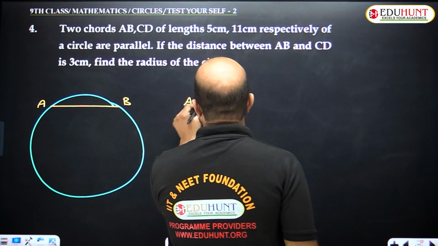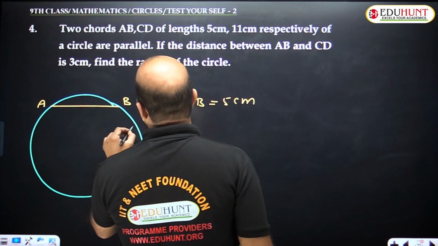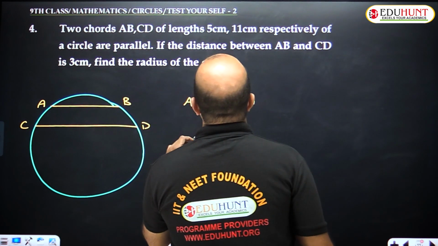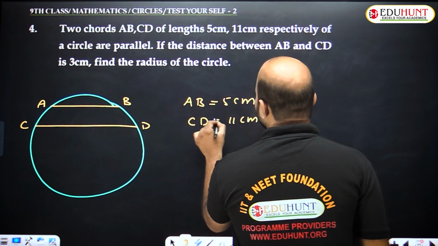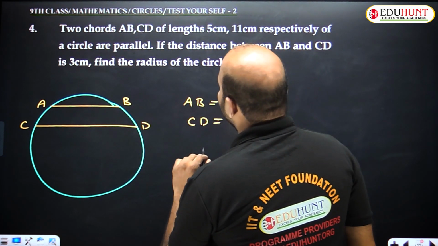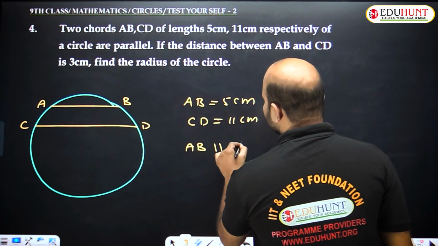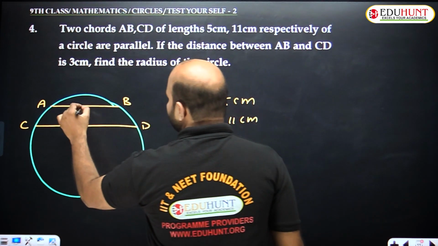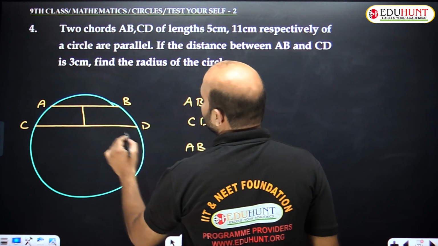One more chord is also given, CD, which is 11 centimeters. And AB is parallel to CD. Am I clear? The distance between AB and CD is also given: 3 centimeters.